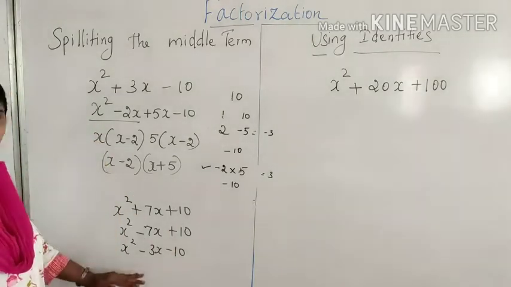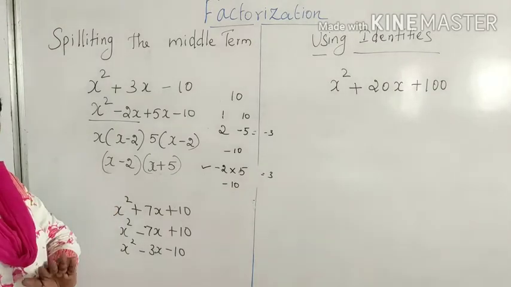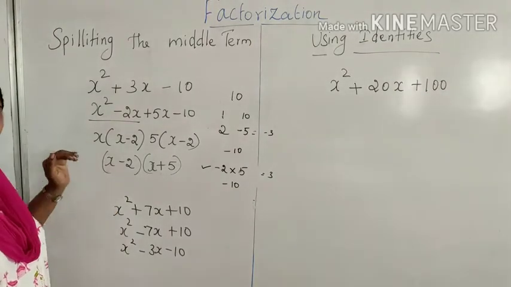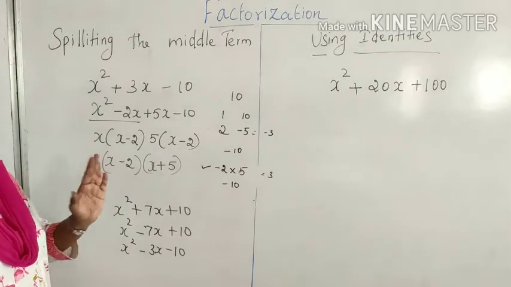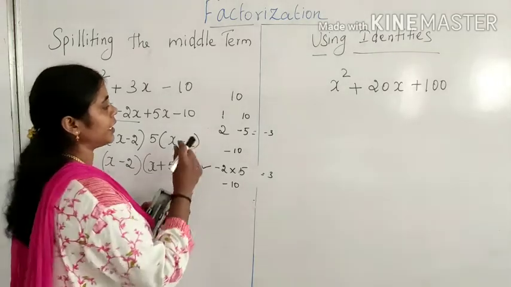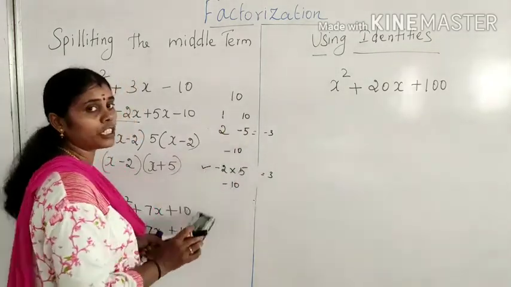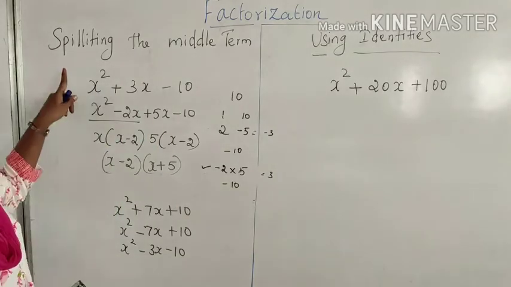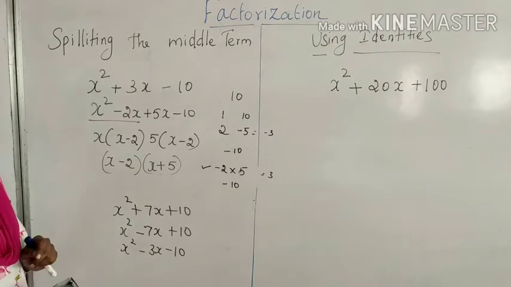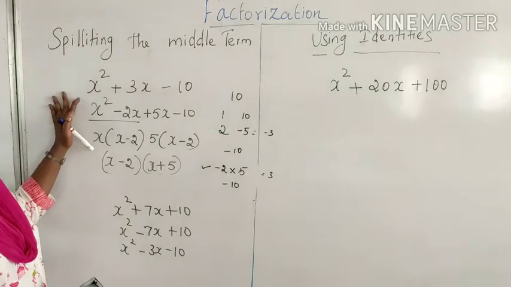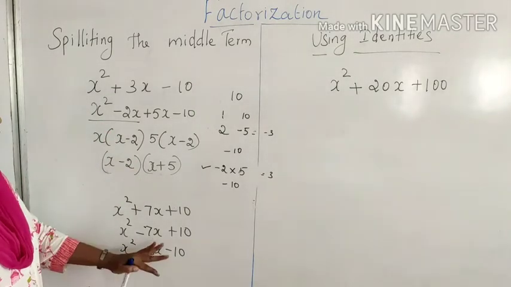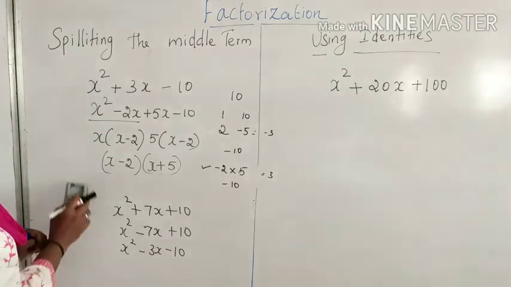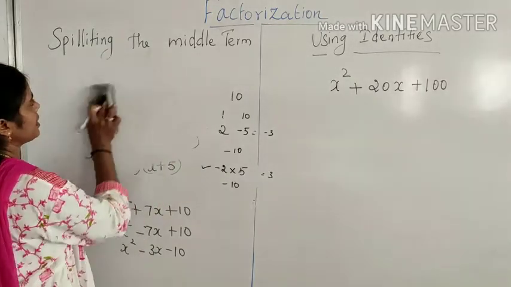I hope this is clear for you, how to find the factorization using splitting the middle term. Directly you can decide and tell. So here 10 we found easily. Suppose another sum was there with a coefficient of x squared, how will we find the solution for this one? That we will see now.